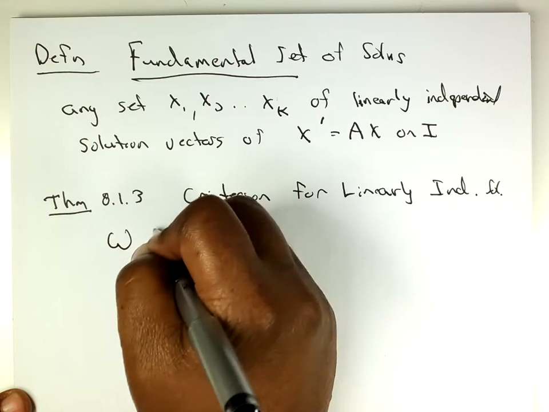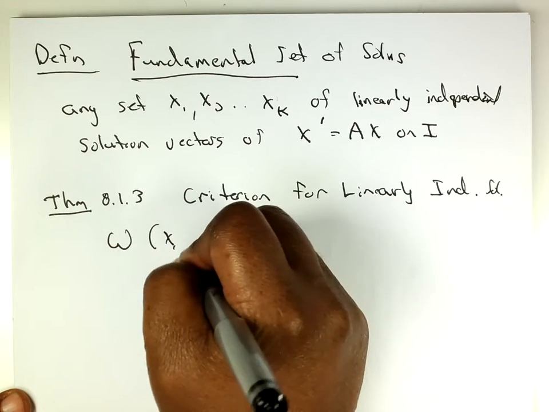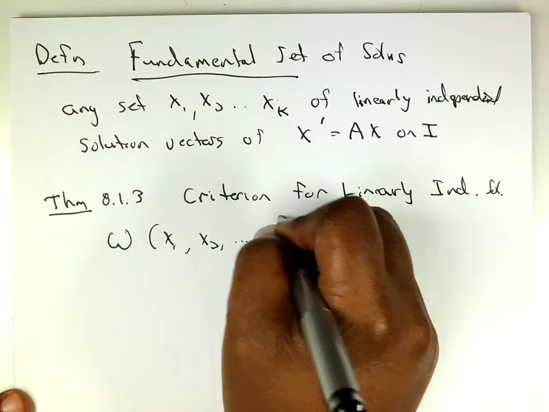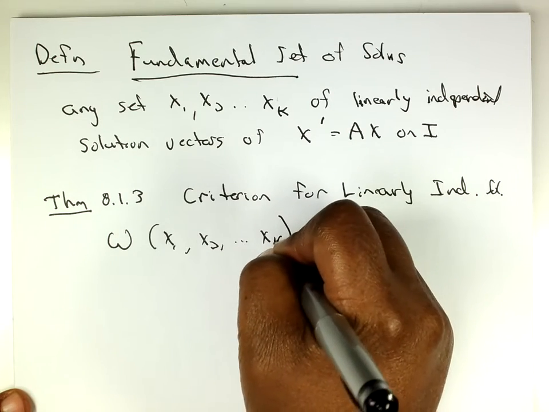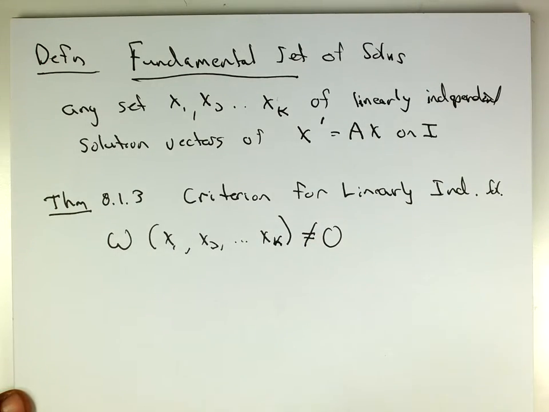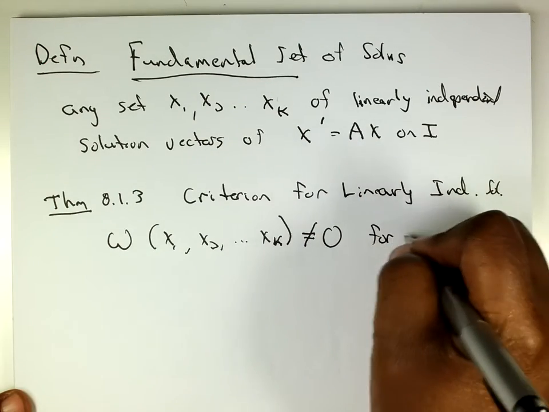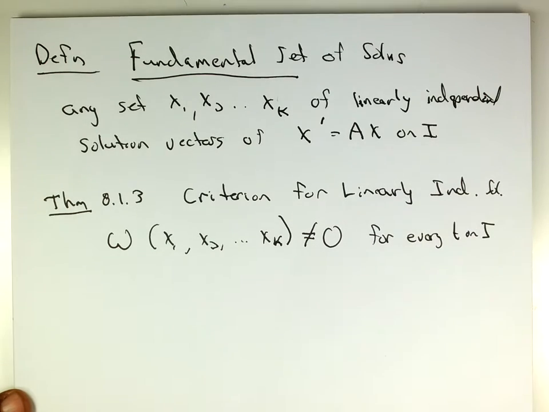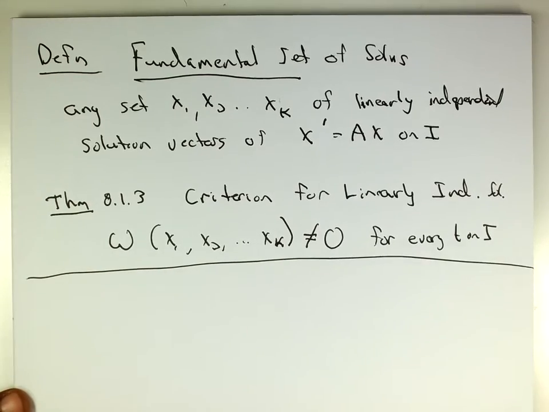We take the Wronskian of that set, and if it's not equal to 0 for every t on the interval, then it's linearly independent. If it is equal to 0, then we know that there's some dependence in there.